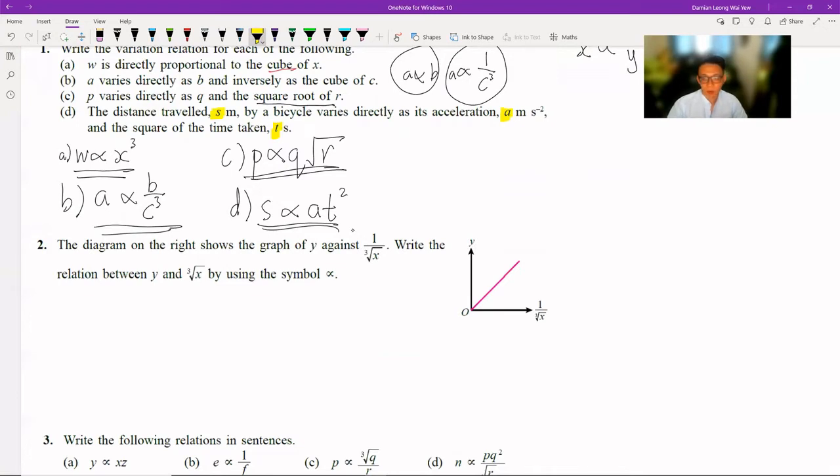If it varies directly with 1 over cube root of x, it means it varies inversely with cube root of x. So I can just put, like just now, y varies with 1 over cube root of x. Very straightforward question as well.